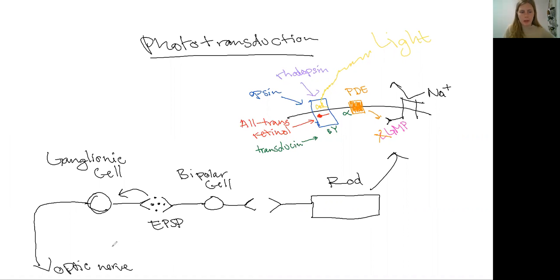And so that is going to make a signal, an action potential, be sent to the optic nerve, which then goes to the brain and tells you, hey, we're seeing something over here.